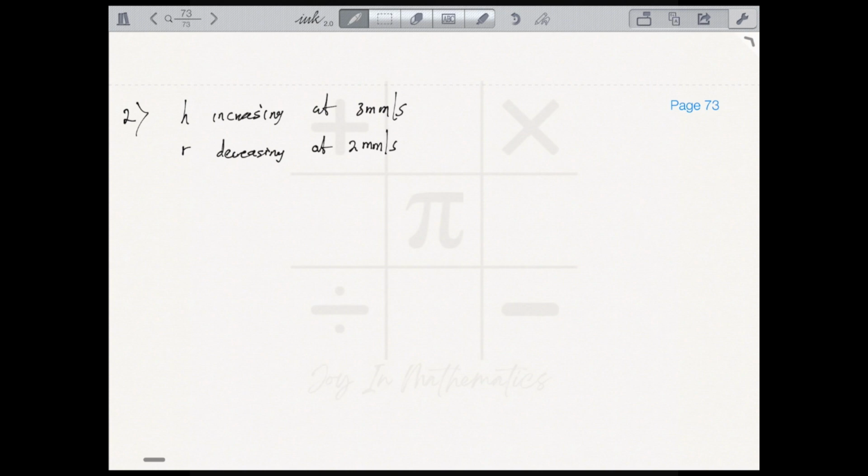I am asked to evaluate dV/dt in centimeter cube per second when the height is 3.2 centimeters and the radius is 1.5 centimeters.